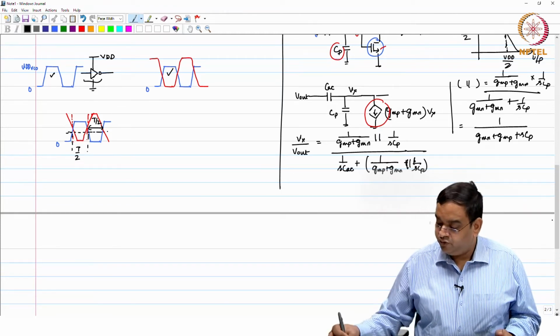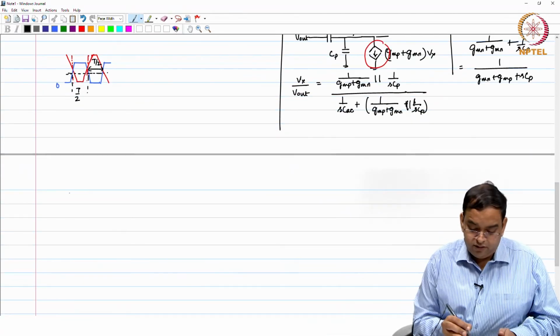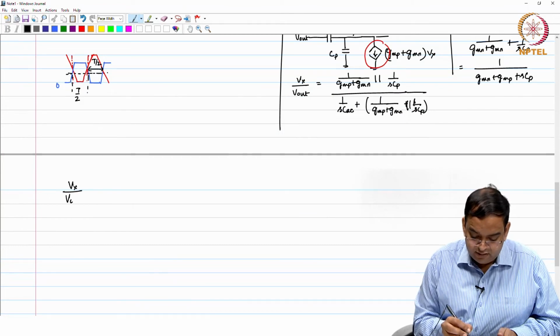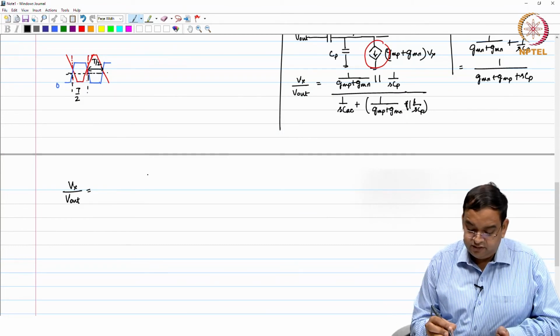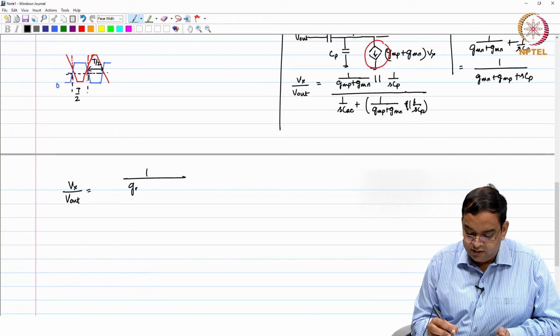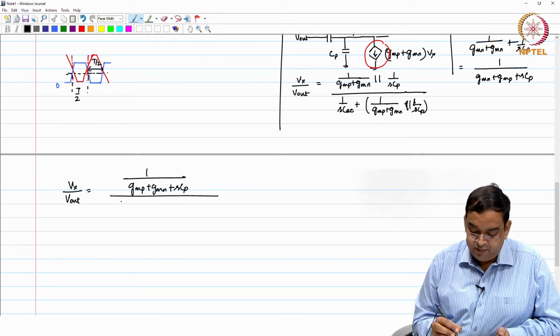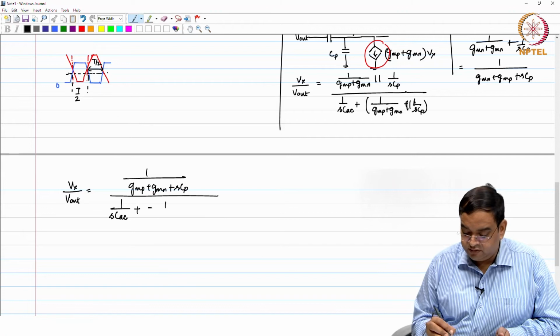So, this Vx by Vout which we are looking at is 1 over GMP plus GMN plus SCP, whole divided by 1 plus SCAC times that. Okay.